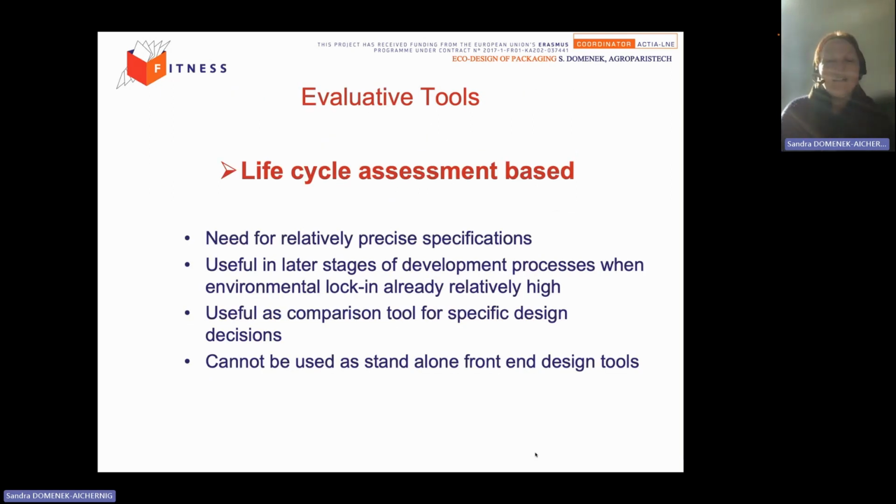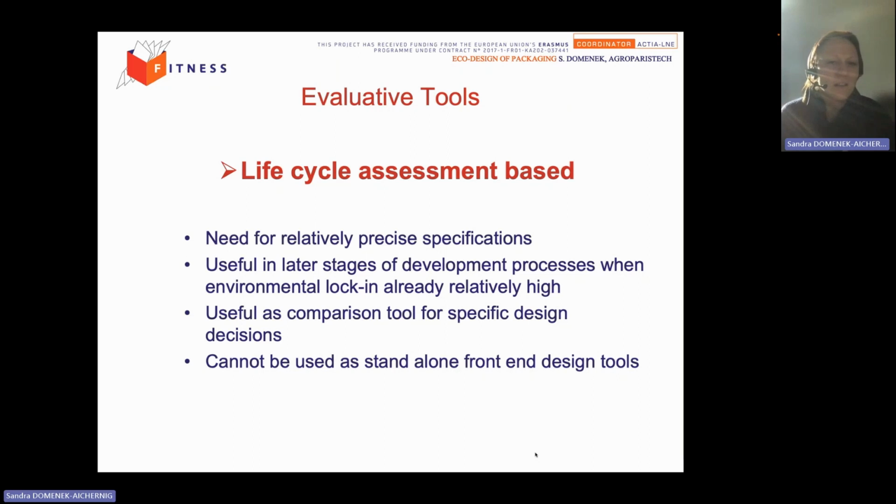In the later stages of the design process, when you already know something about your product and something about your processing and use phases, you need to evaluate the ecological impacts of the product and its services. And the best tool we have for this is the life cycle assessment. This is a tool you can apply in the end because it needs quite precise specifications.